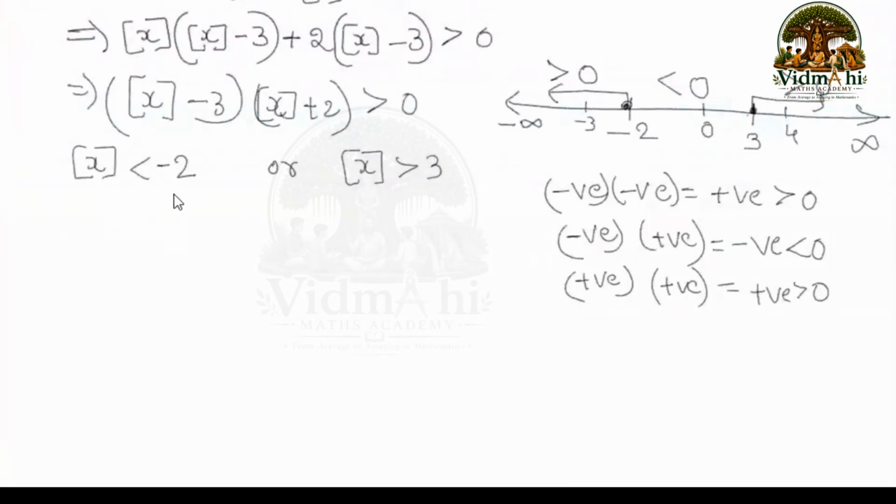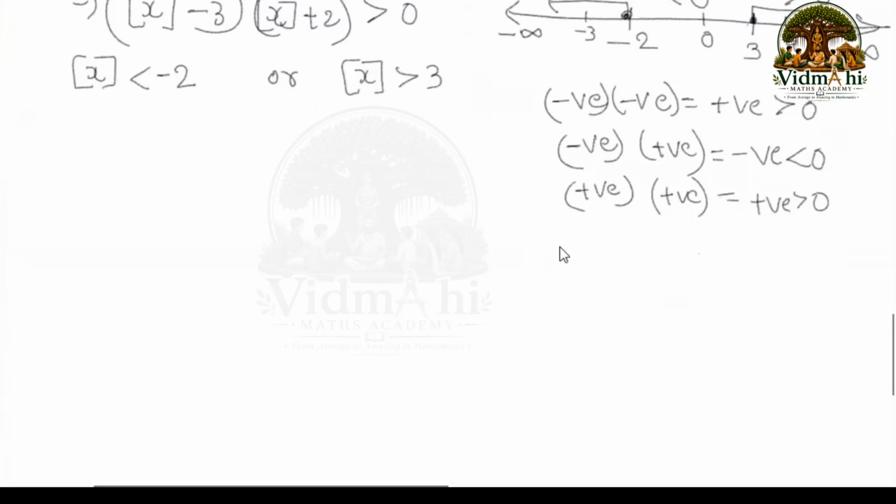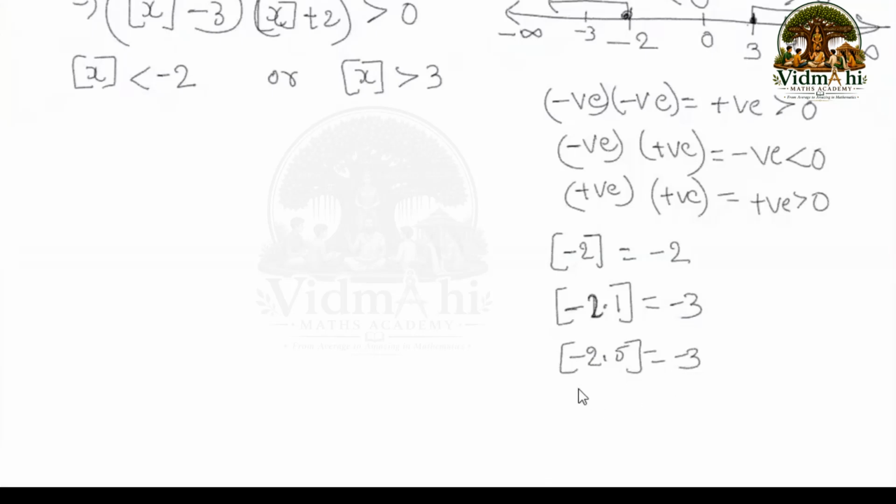Greatest integer value less than minus 2 means what? For example, what is greatest integer of minus 2? Minus 2. What is greatest integer of minus 2.1? Minus 3. What is greatest integer of minus 2.5? That is also minus 3. What is greatest integer of minus 2.999?